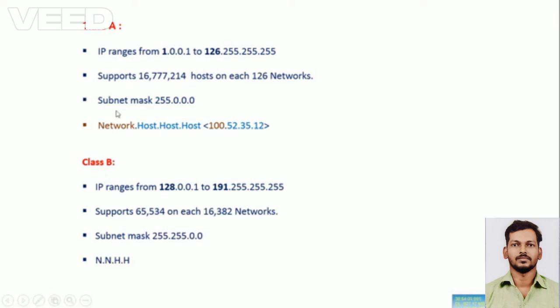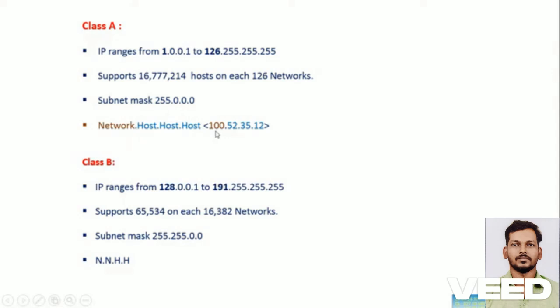The natural subnet mask of a class A network is 255.0.0.0. As it consists of 4 octets, the first portion of the IP address specifies the network address of the device, and the last 3 portions specify the host ID.